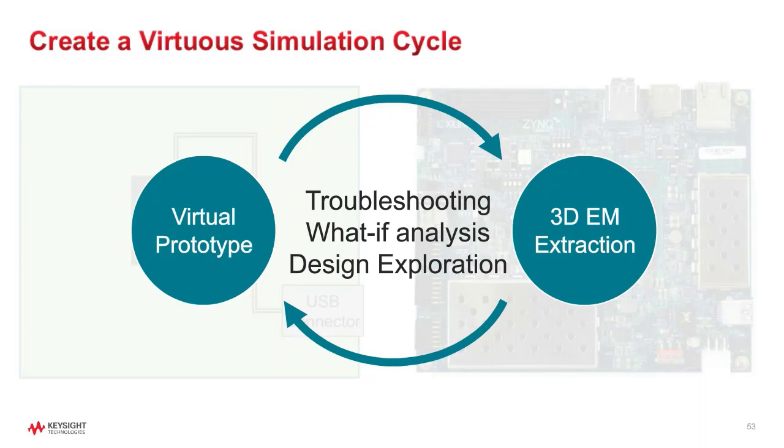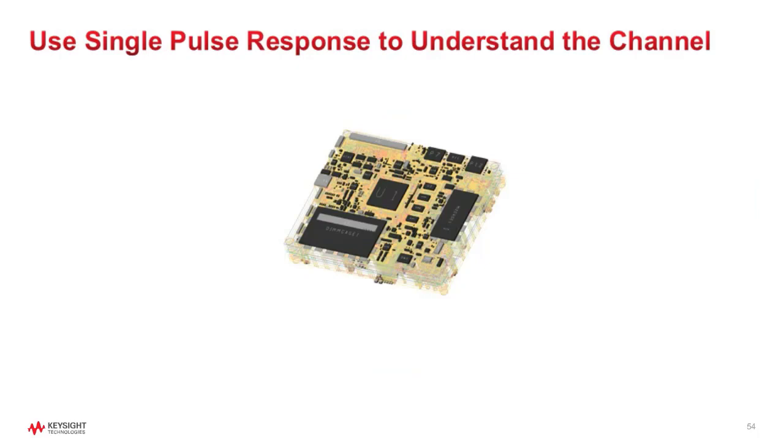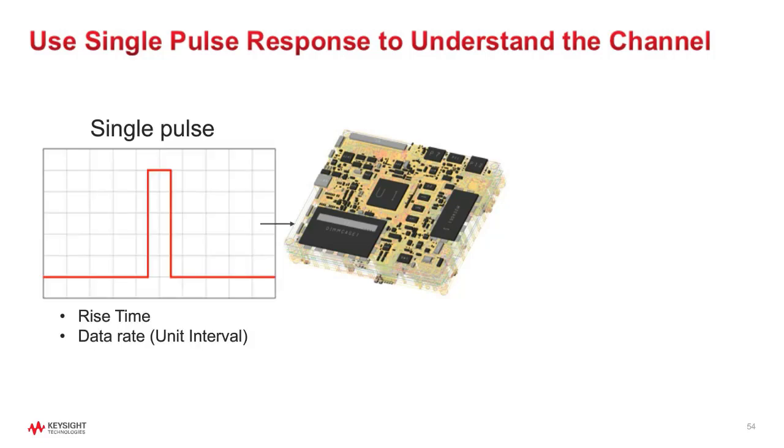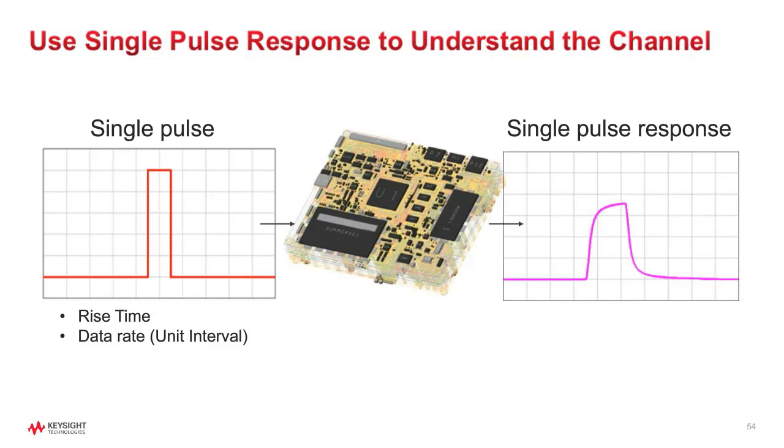We're going to explore the design. The final thing we're going to do is use the single pulse response to understand the channel. We have the channel right in the middle. On the left here, we're going to send in the single pulse with specific rise time and data rate. And out comes the single pulse response.